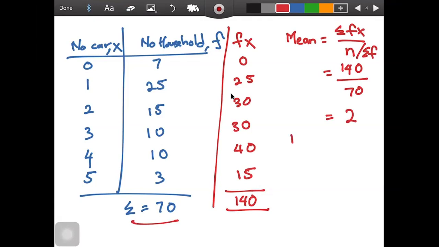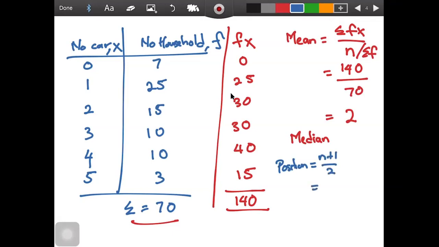Next, what is the median? Okay, before you calculate your median, you need to know the position of the median. So how should we do will be position of the median equals to n plus 1 divided by 2. Refer to the previous video.